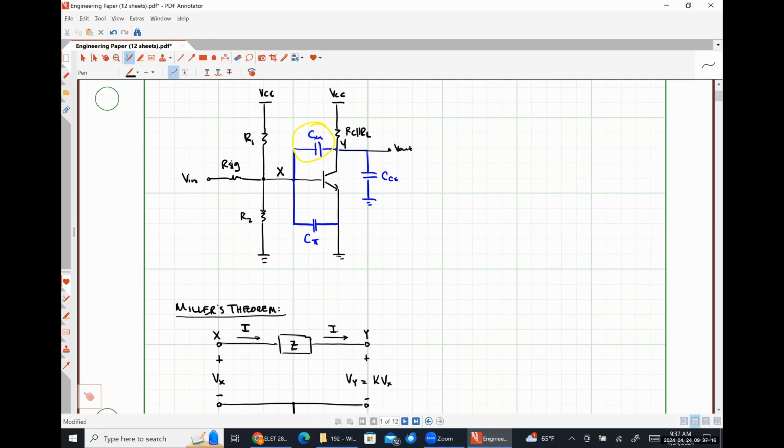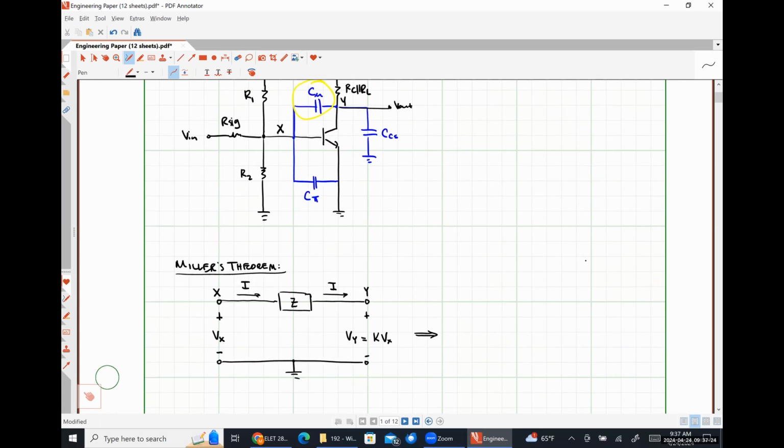So Miller's theorem states that we can replace the network effectively like we have here on the left with one where, here's X, we put some impedance, I'm going to call it Zx, over here on the input side.